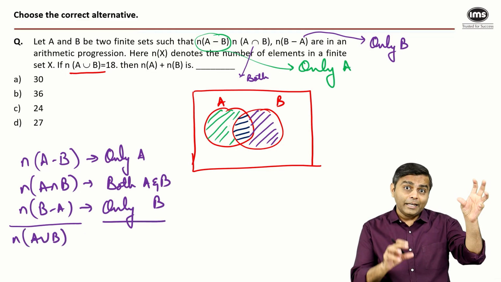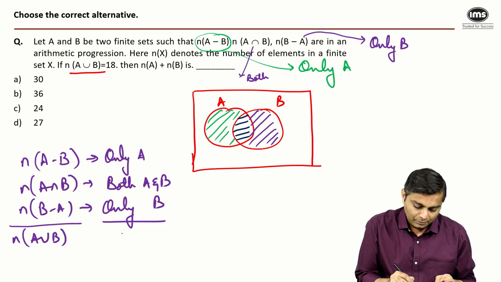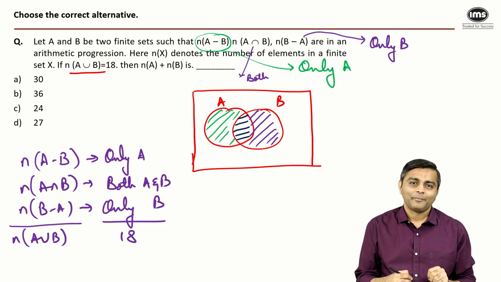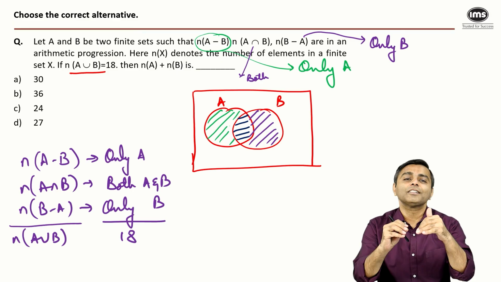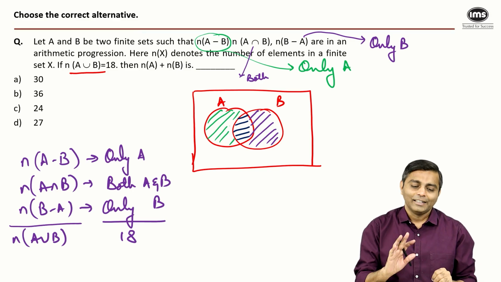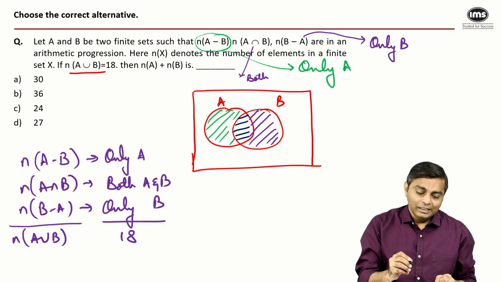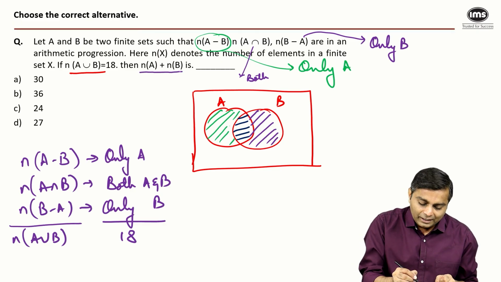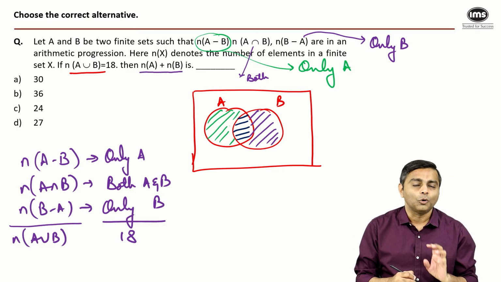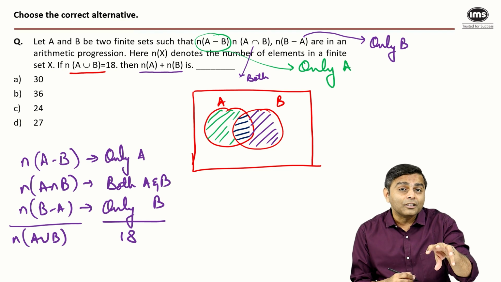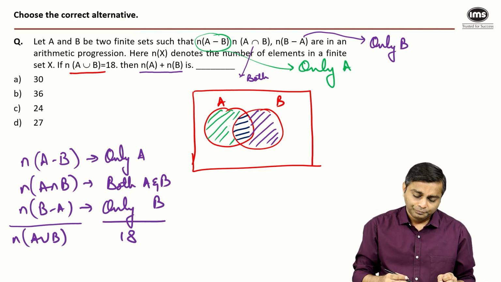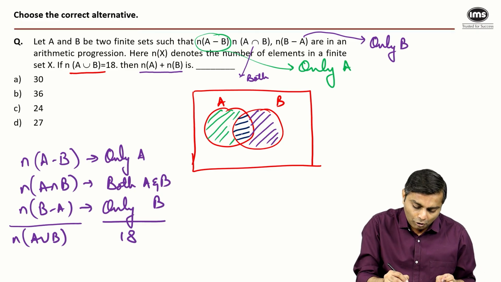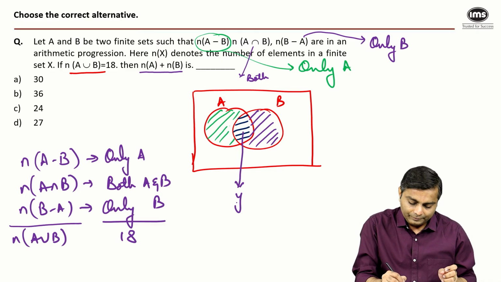And this only A, only B and the middle part is nothing but, they have given to be 18. Correct? That's what the data is. And now we've just finished interpreting the data. Now what do they want? They want the number of elements in A and the number of elements in B's total, which means the complete circle of A and the complete circle of B, addition of these two. Complete, let's just for now call this guy maybe Y.